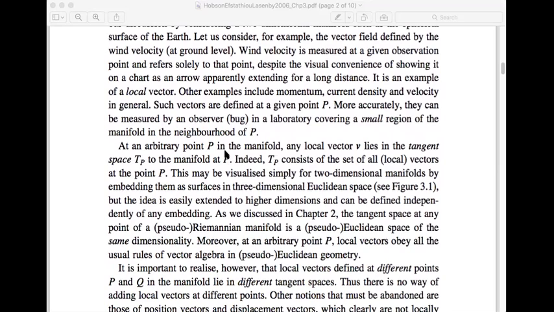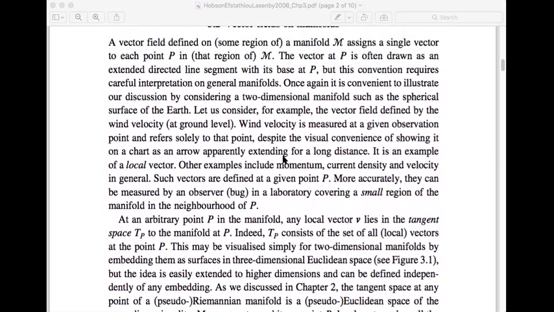At an arbitrary point P in this manifold, any local vector V lies in the tangent space TP to the manifold at P. I just want to pause here and go back to this chapter and say, when he's talking about the vectors being local, what he means is the vector is defined at a point, and if you move to a separate point, then you have a different vector space, and you cannot compare vectors in two different vector spaces.